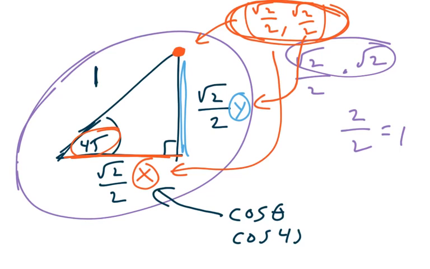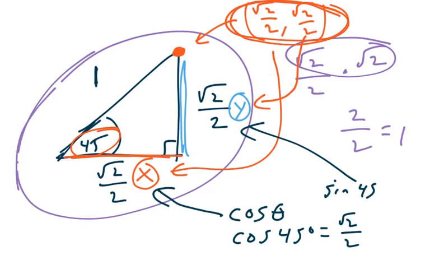So what we just learned is that the cosine of 45 degrees is square root of 2 over 2. We also learned that y is the sine of theta, and if theta is 45 degrees, because that's what we have right there, the y coordinate is again the same, square root of 2 over 2.